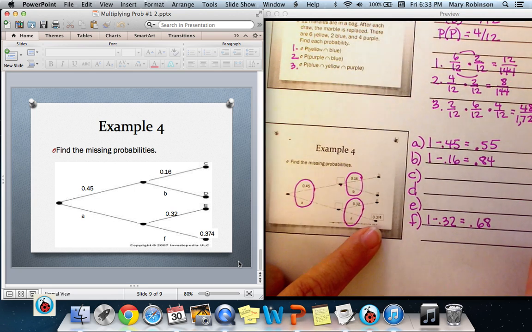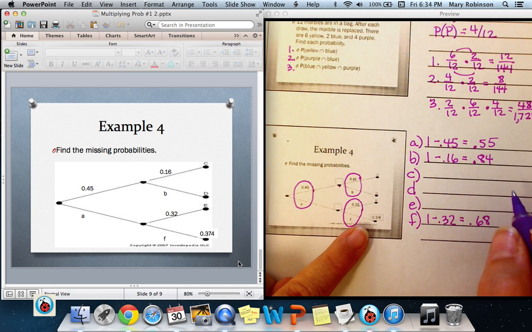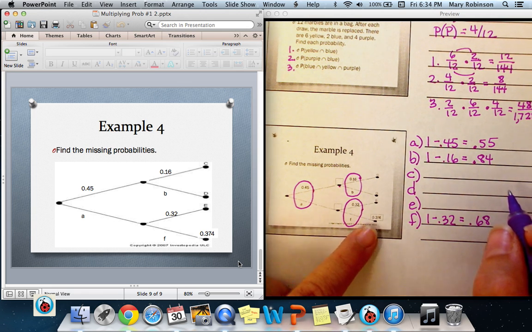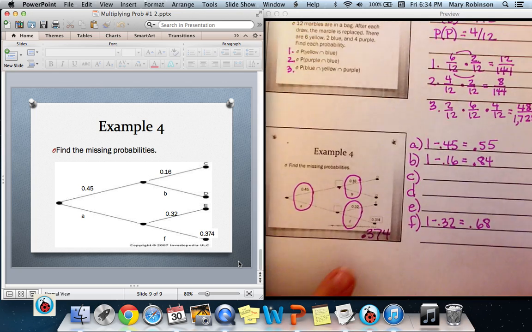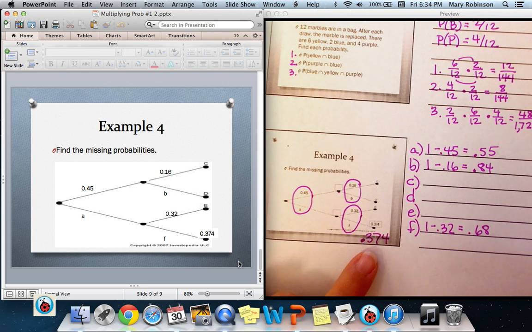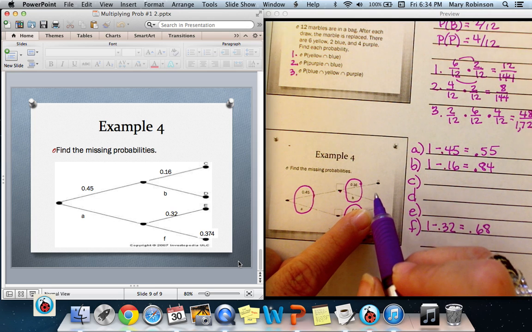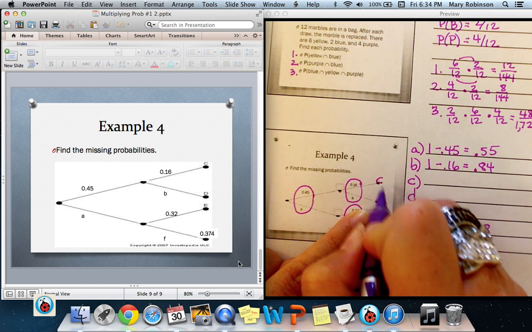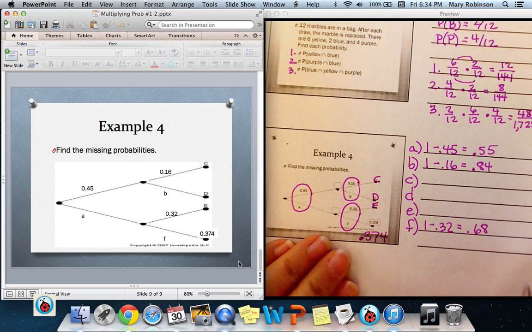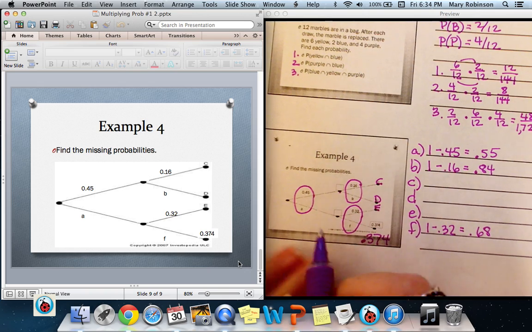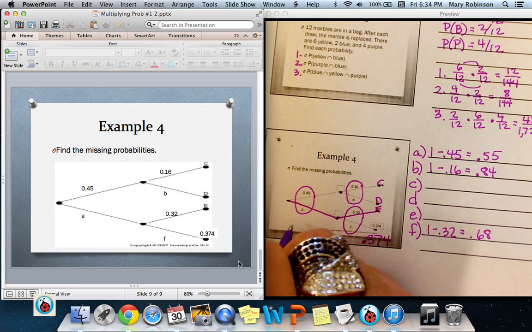Now if you notice, it's easier to see if you look on the slide, the probability of A then F is 0.374. So I'll write that a little bit bigger: 0.374. We next need to be able to find these, C, D, and E. Remembering our multiplication rule, we can find the probability of this event followed by this event by multiplying their probabilities.